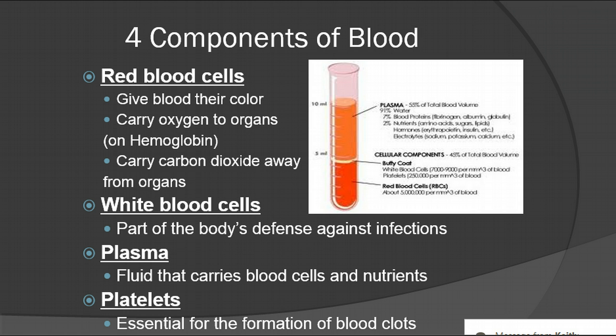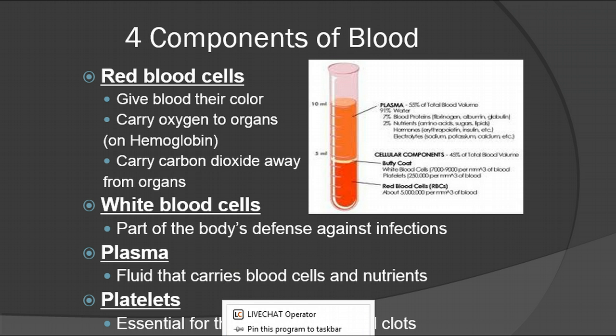You can look at that and get more information about what exactly is going on there. But they usually put it in a spinner, and when you put it in a spinner, it will actually separate, and most of it's going to end up being plasma, which is the fluid that carries all of the blood cells and nutrients.